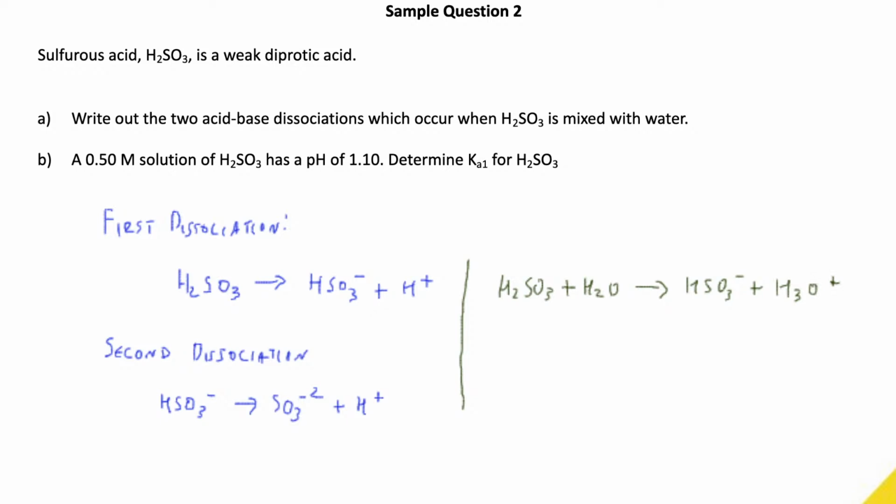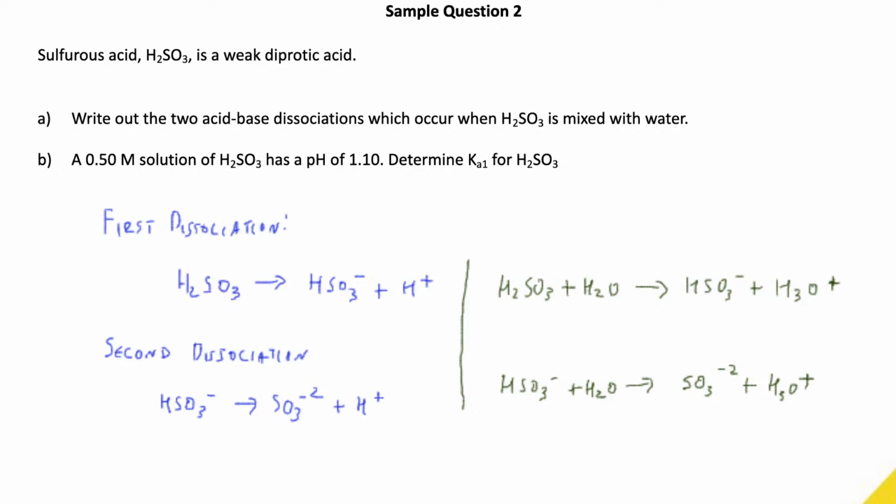And then the second dissociation would be HSO3 minus plus H2O to give you SO3 2 minus plus H3O plus. Either way, it's correct. It works both ways. Whichever your preference is, that should work.